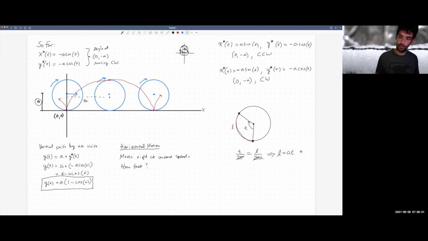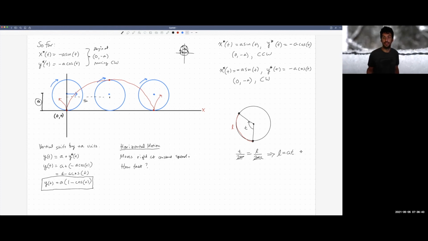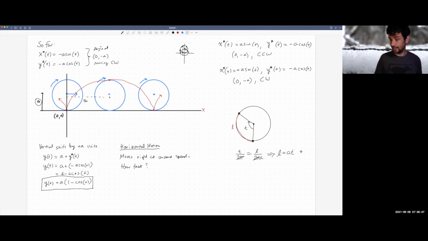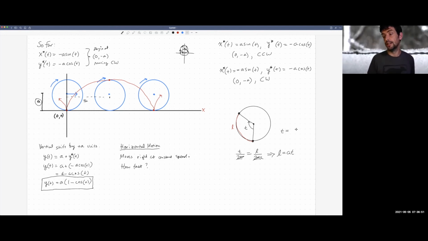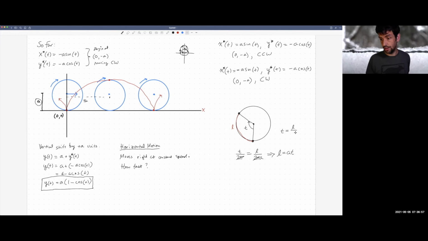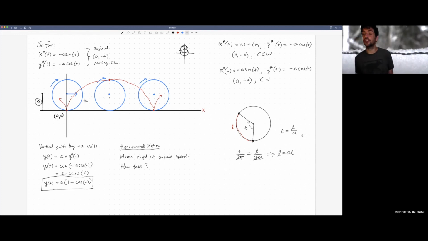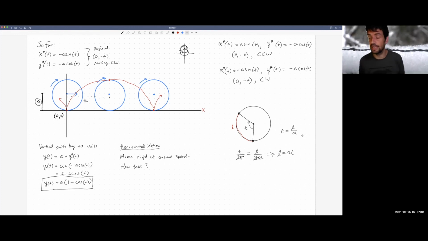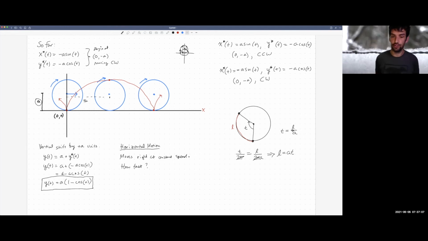This is also from trigonometry, how we define radians, right? Radians are defined as the arc length over the radius. So for an angle, you look at how much of an arc it subtends on the circle and divide it by the radius. That gives you the angle. We've just manipulated that equation, okay?